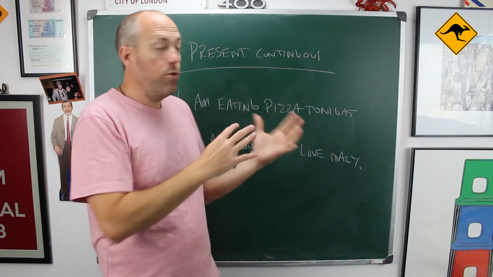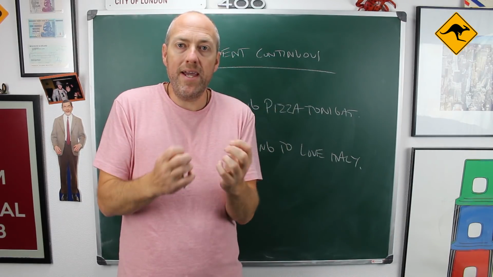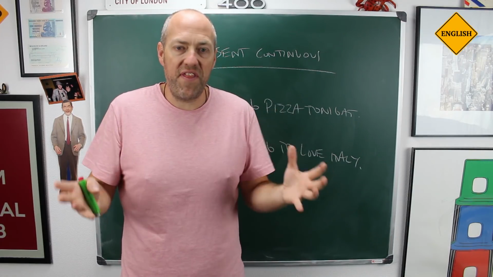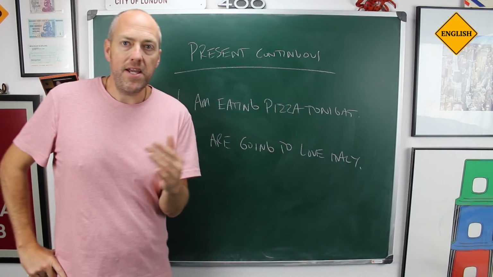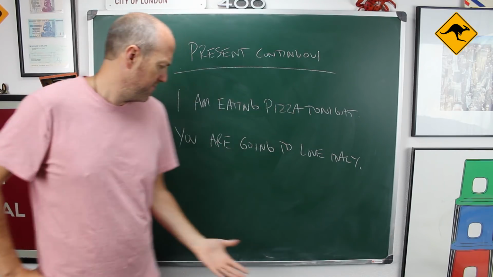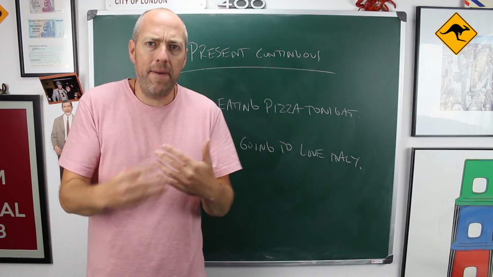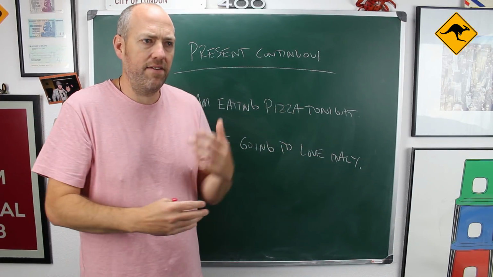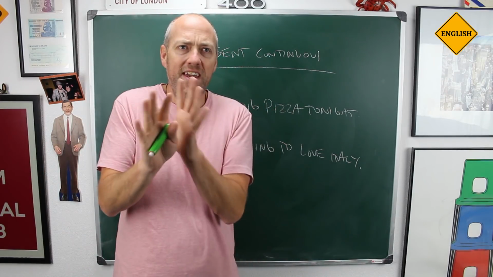So, when we use the present continuous to talk about the future, we are making predictions based on things that are happening now. For example, I am eating pizza tonight. It's a plan that I've made. You are going to love Italy because we are talking about your trip to Italy that you're going on next week.